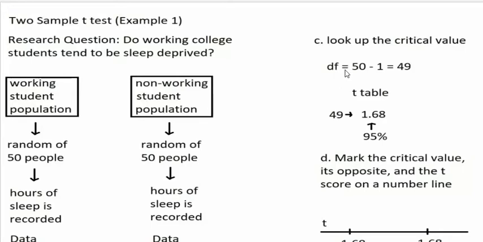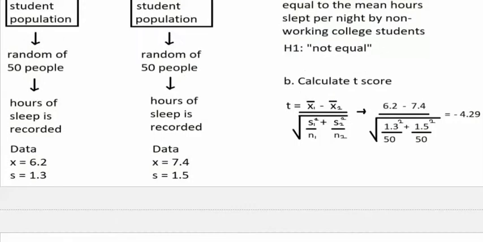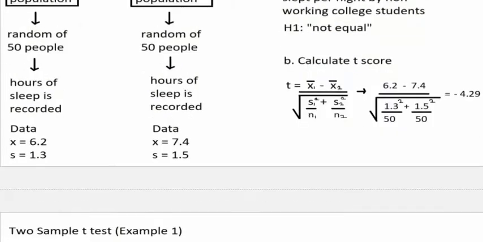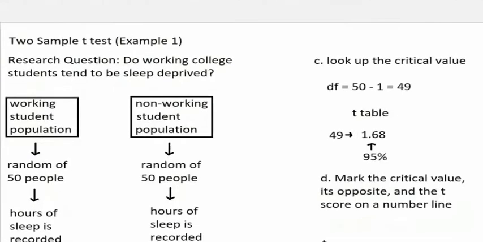And the df is actually the name for the n minus 1 that we've been using all semester, or almost all semester, for the sample standard deviation. Whenever we divide by n minus 1, we're dividing by something called df. So let's get that right now. The sample sizes are both 50. So we subtract 1 from 50 and get 49.